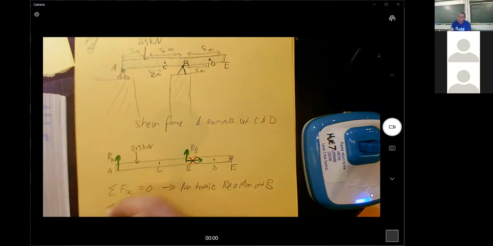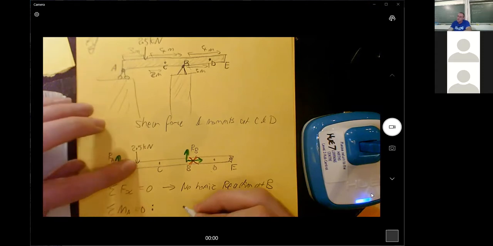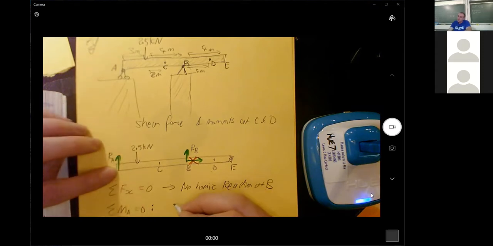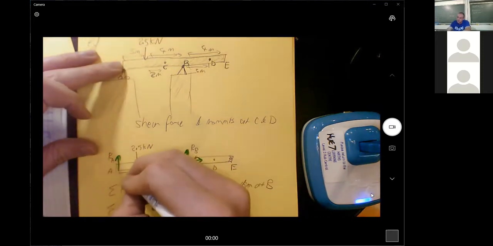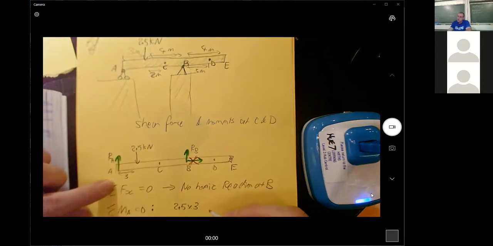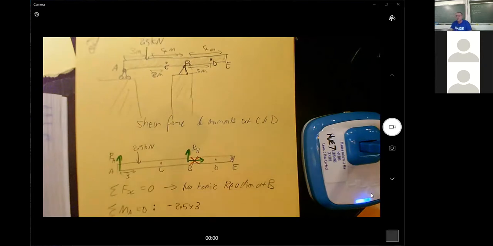So, moments around A, say. What have we got? That one doesn't count. We've got 2.5 kilonewtons at a distance of 3, according to the original diagram. And that's negative, because it's pointing downwards.